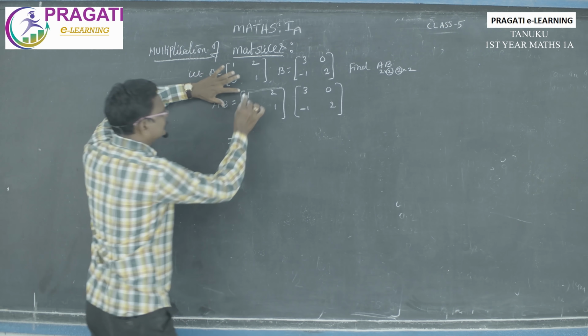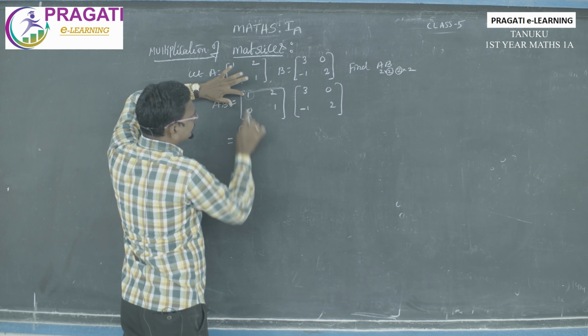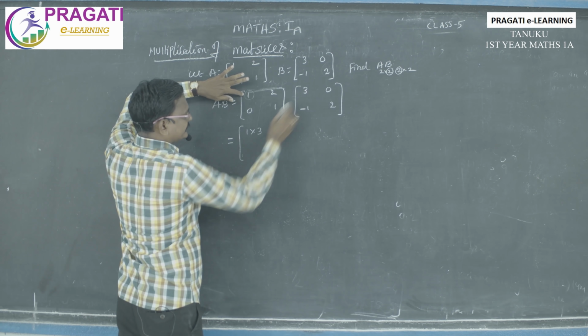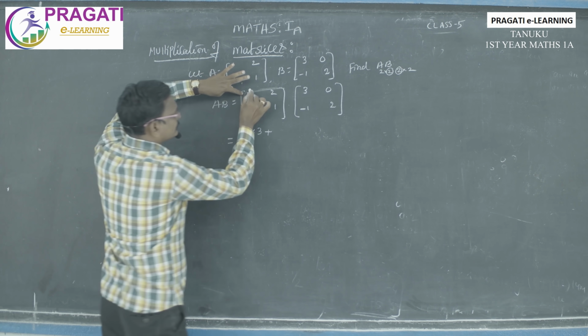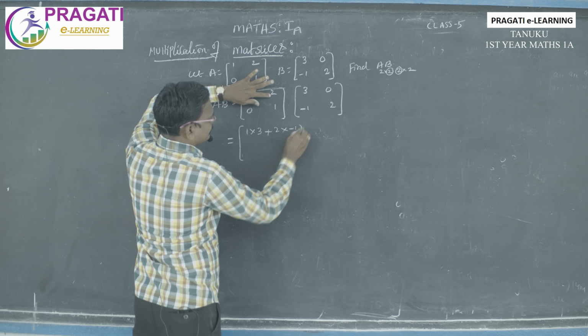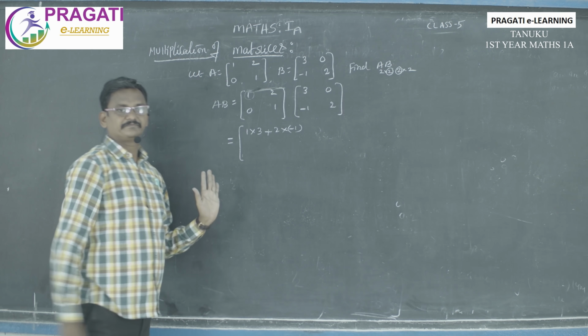That means start with the first row, first element 1, 1 into the first element 3, 1 into 3, plus the second element 2 into minus 1: corresponding elements, first row and first column.